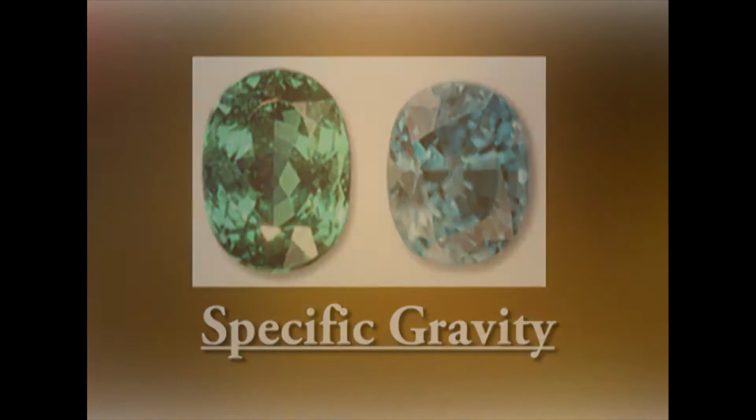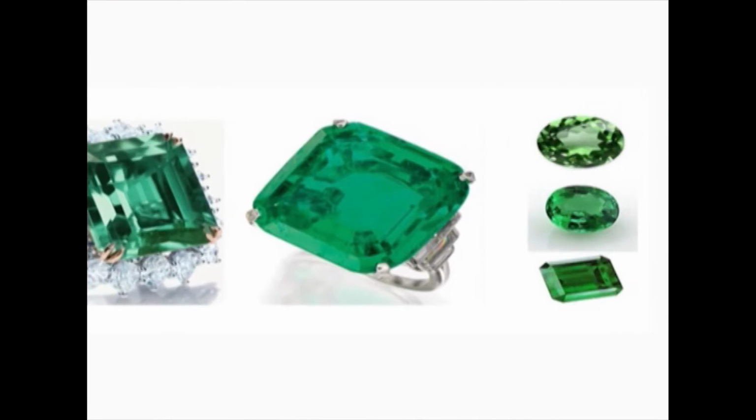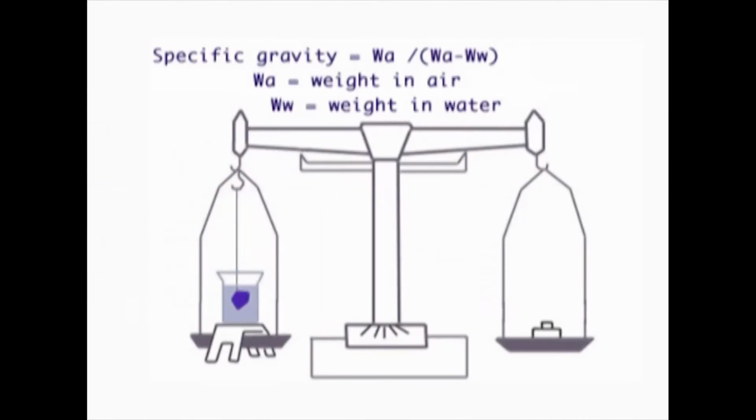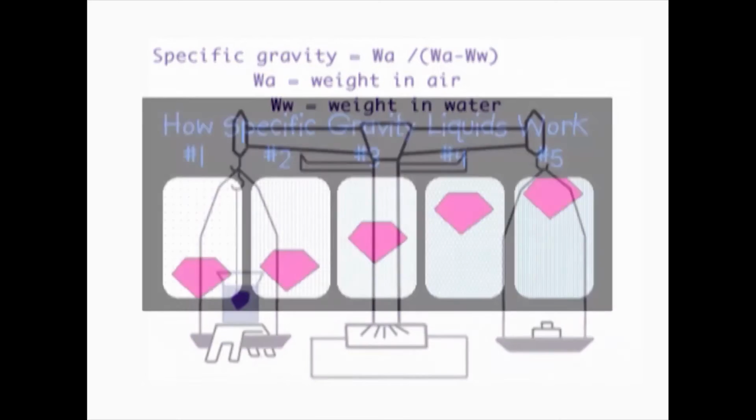Specific gravity. The specific gravity is the measurement of the density of a substance. Scientifically, specific gravity is defined in a ratio of the mass of a given material to the mass of an equal volume of water at 4 degrees centigrade.